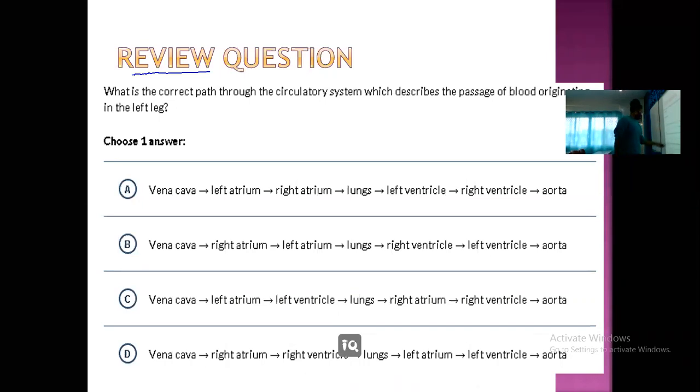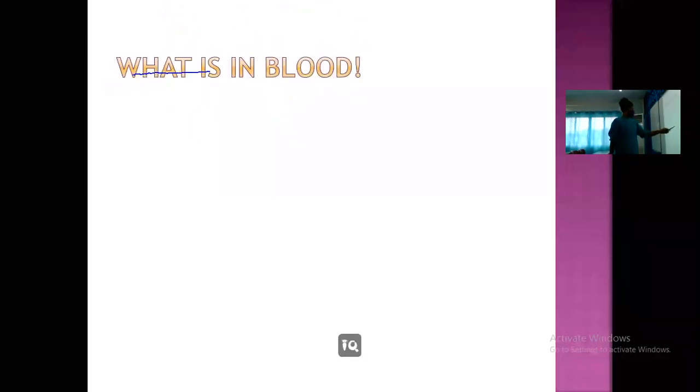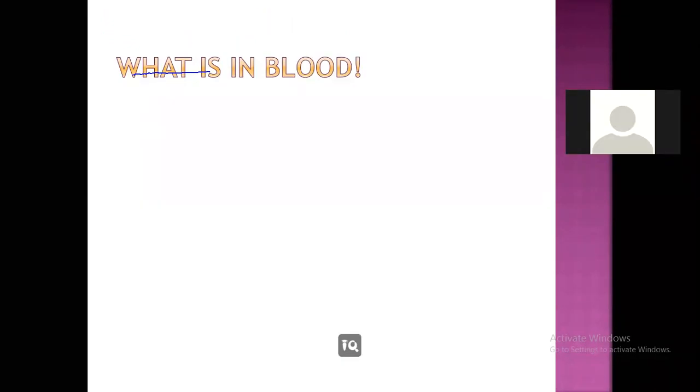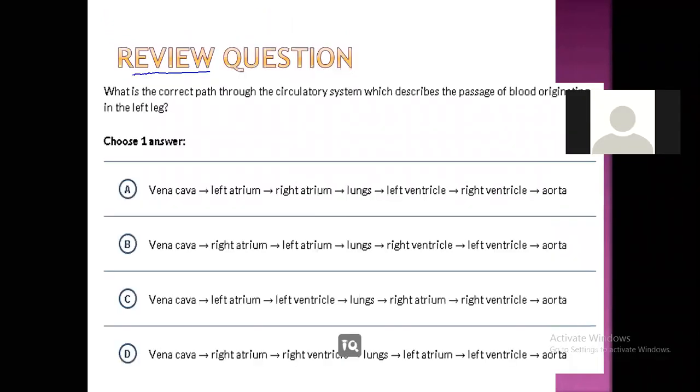I suppose this answer is wrong. B, vena cava, right atrium, left atrium. I guess it's wrong. C, vena cava, left atrium, left ventricle, lungs, right atrium, right ventricle.